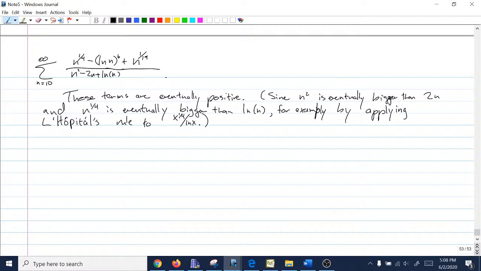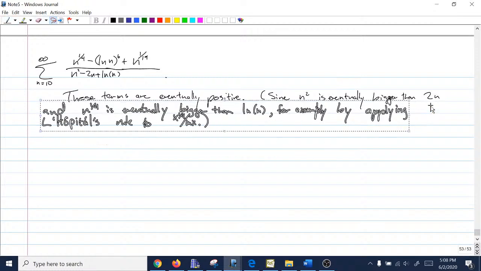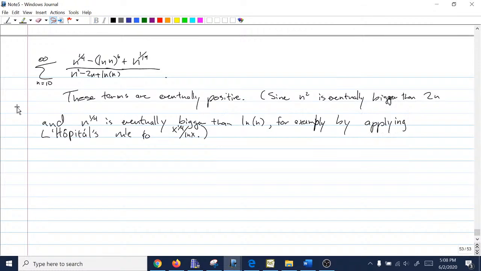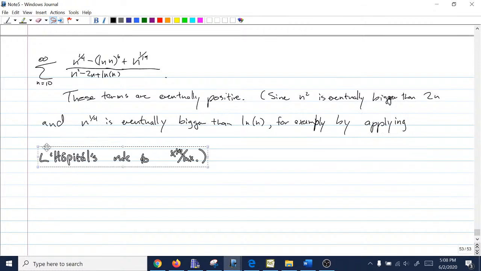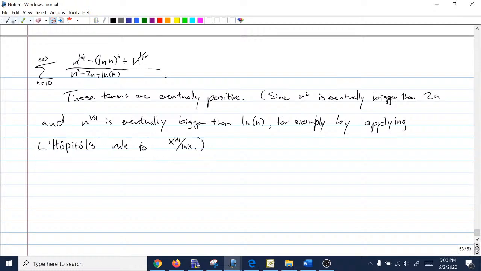I'm not going to actually write out the L'Hopital's rule, but I can at least point you to a way of showing this. I'm going to go back to putting spaces between these because that's way easier to read. I shouldn't have bunched all these up together. These terms are eventually positive.